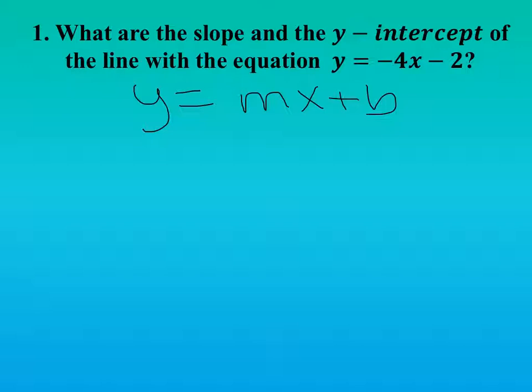So the slope for this problem is just going to be negative 4. It's the number in front of x. Your y-intercept is going to be negative 2 because that's what you have left over. Easy first question.